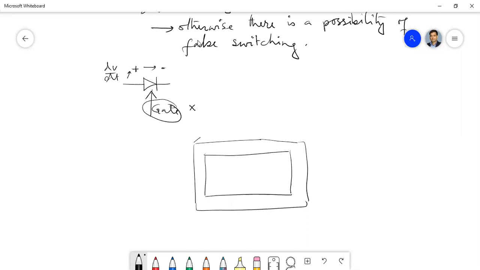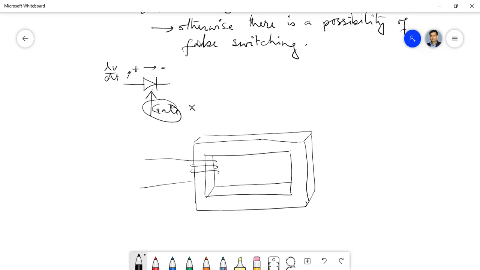Suppose it's a transformer, and you know the transformer in 3D is something like this. Only the core portion I have drawn, and the windings will be there. So let us draw the simple winding like this.